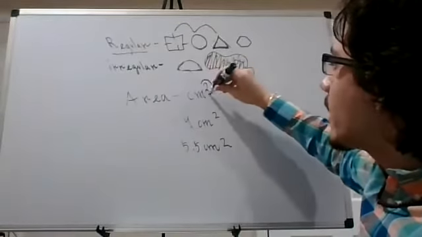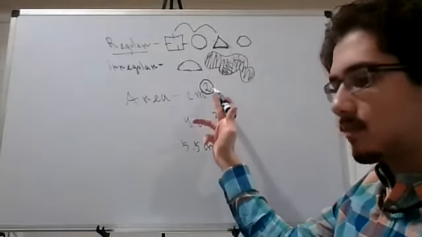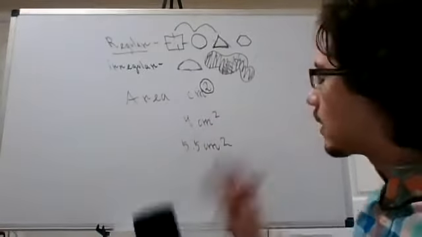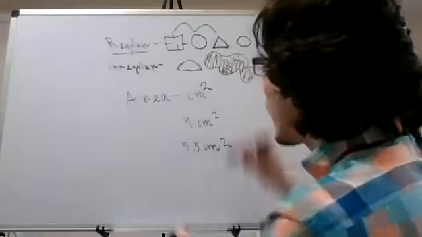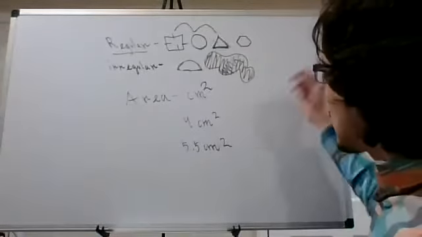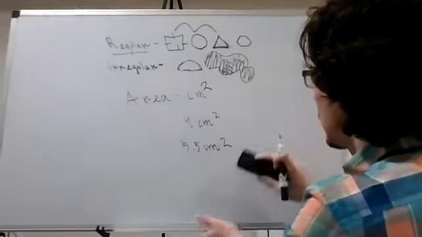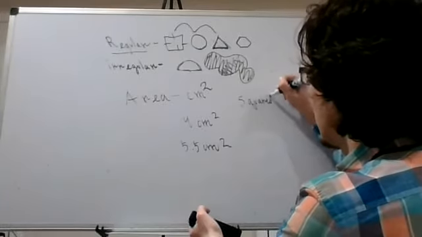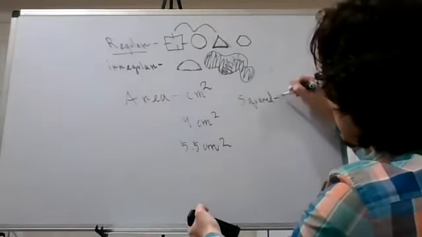Does everybody know what this is? Anybody not know what this is? A square unit. Square, yes. Square unit. So it's called squared because, if everybody remembers, squared means a number times itself.